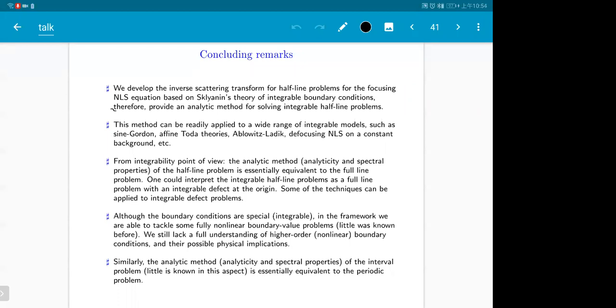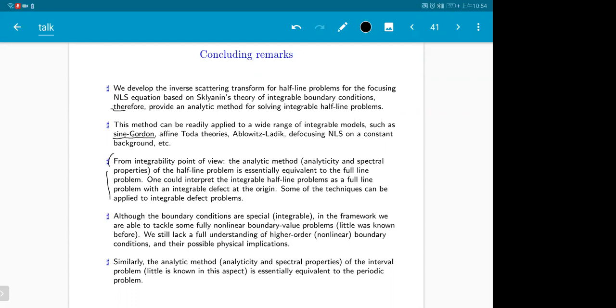Although we only study the NLS equation on the half line as a particular example, this method can be easily generalized to a large range of integrable models such as Sine-Gordon, affine Toda, Ablowitz-Ladik, etc.